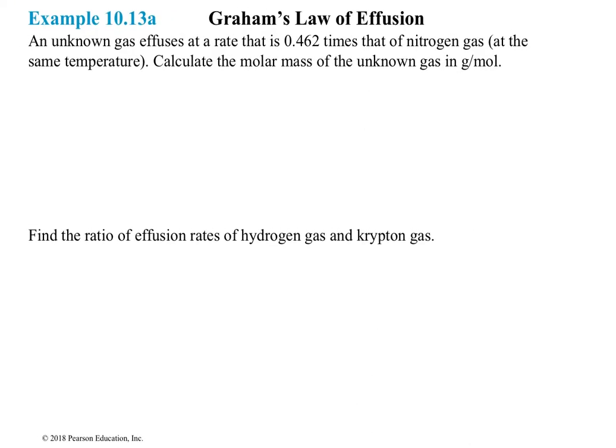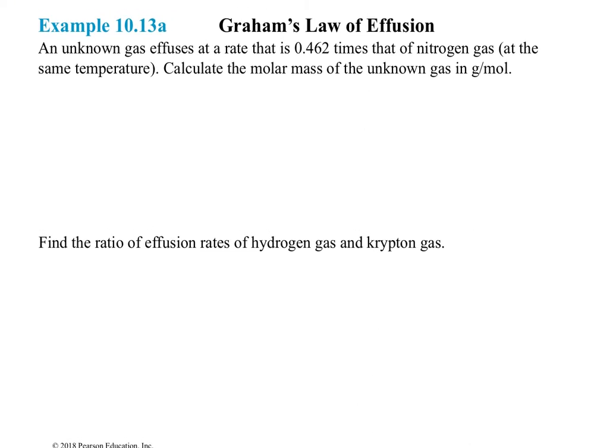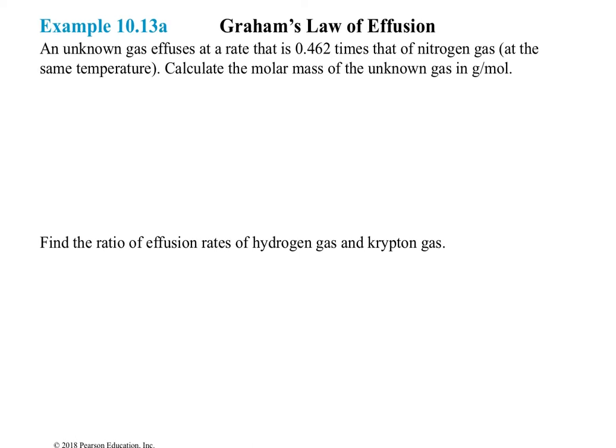So let's say we have an unknown gas that diffuses at a rate that is 0.462 times that of nitrogen gas. So we're going to write rate of unknown divided by rate of N2 equals 0.462.